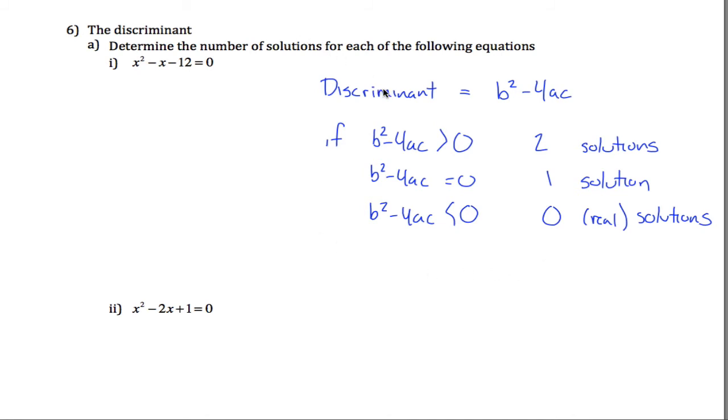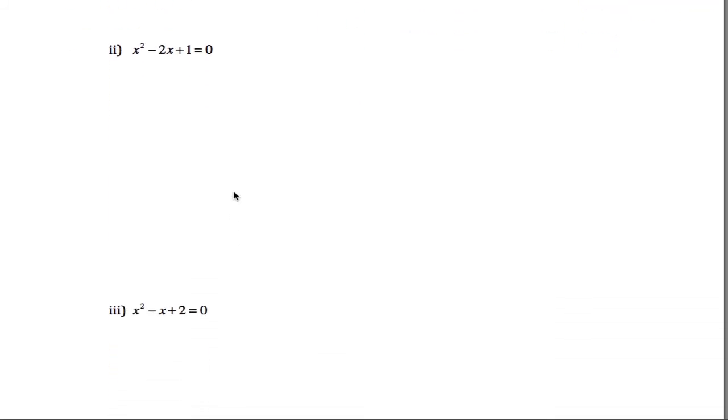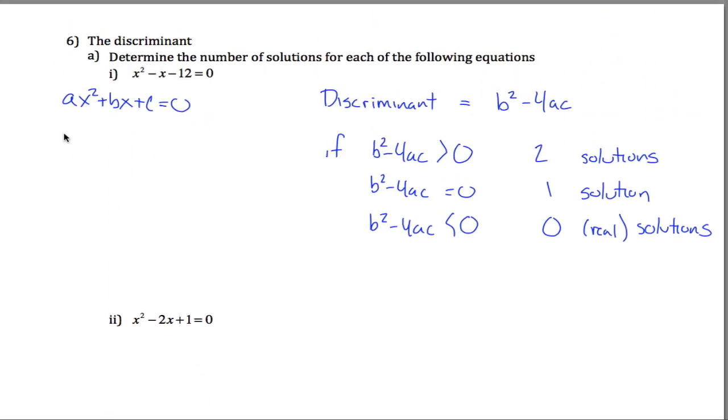So all you're doing on these discriminant problems is get it into the form ax squared plus bx plus c equals 0. It's kind of nice and started you in that form for all three of these. Determine what a is, determine what b is, determine what c is. A is 1 because there's a 1 in front of this x squared, b is negative 1, and c is negative 12. Plug that into the discriminant.